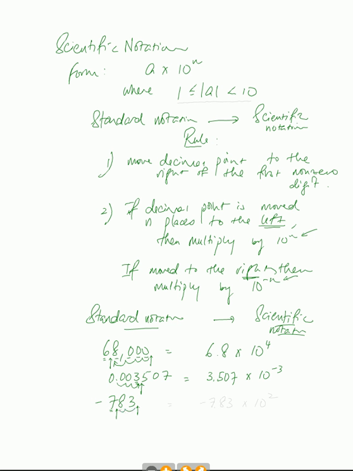You have to move 2 places to the left, and because it's left, it's a positive exponent. So your number is negative 7.83 times 10 to the power of 2. Observe the form: a times 10 to the power of n, so long as the numerical value of a is between 1 and 10.